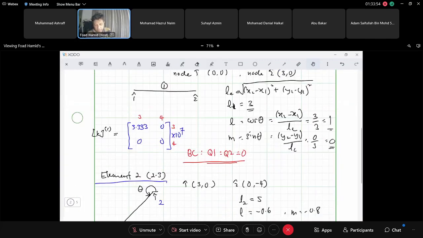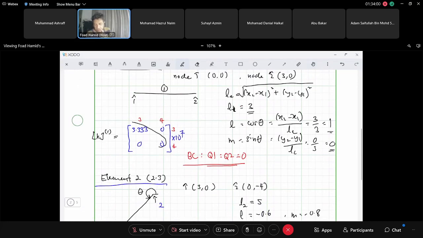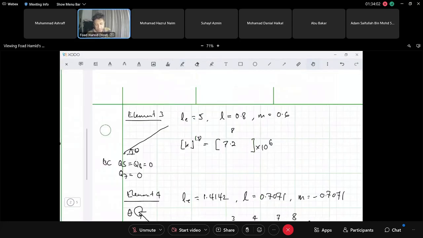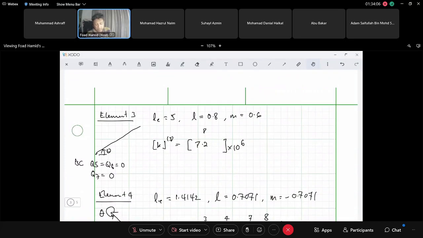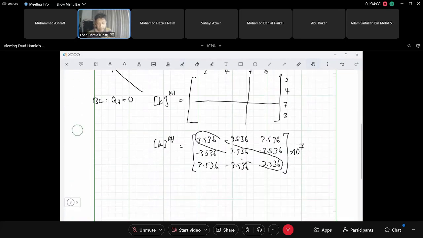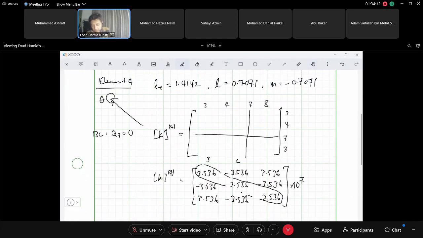Note that this one corresponds to Q3, Q4, and Q8.